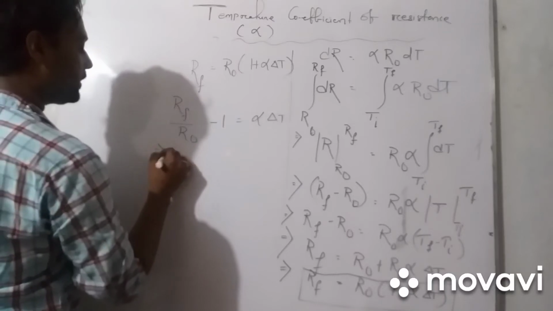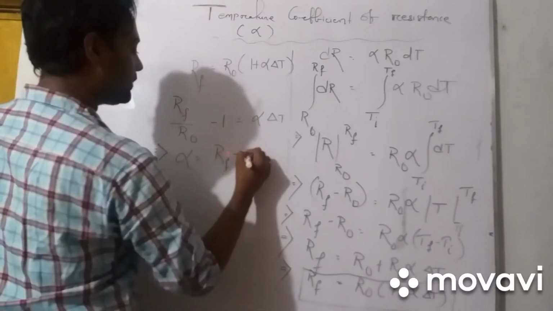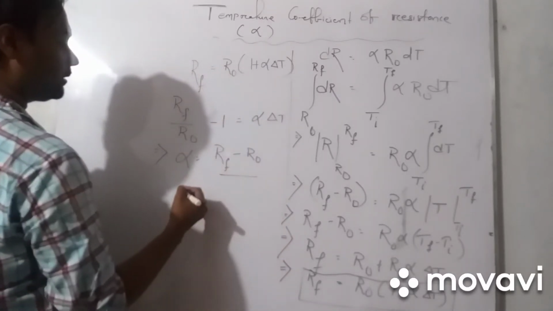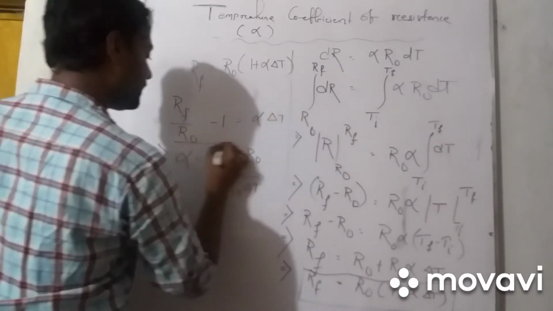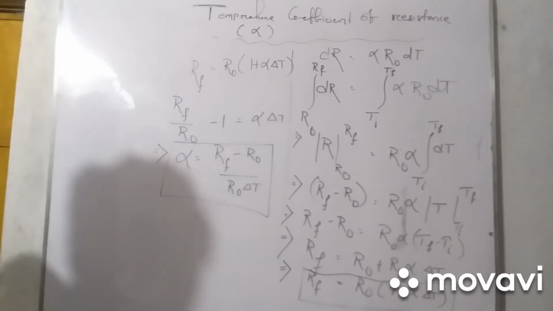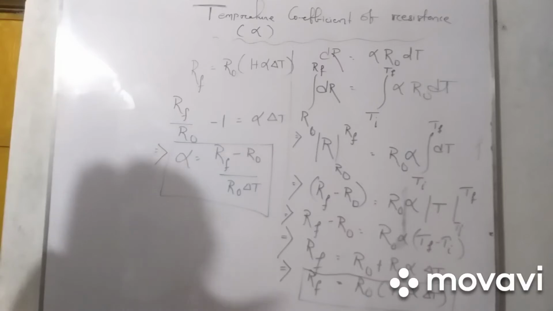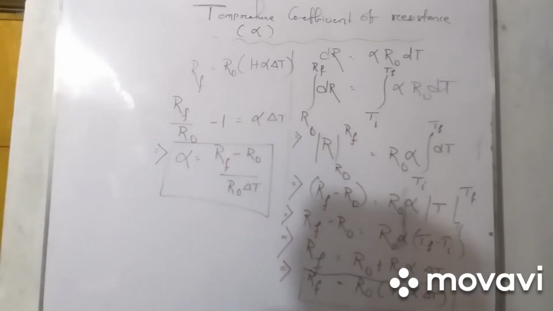That implies alpha is equal to (Rf minus R0) divided by R0 delta T. So this is the final formula of temperature coefficient alpha. From the above formula, we have to calculate the value of alpha in conductor as well as in semiconductor and also in alloy.